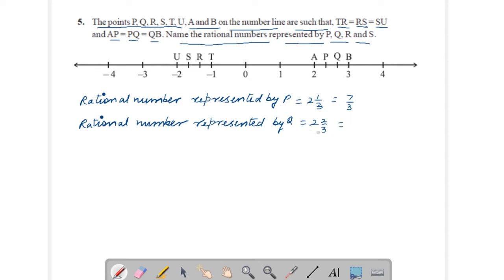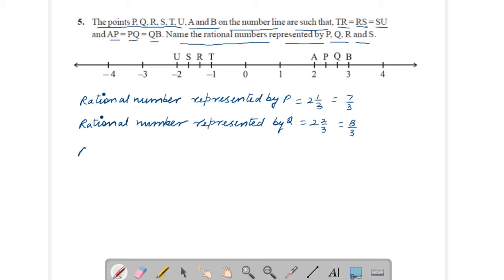That is converted into an improper fraction, 2 times 3 is 6, plus 2, 8 upon 3. Therefore, the rational number represented by Q is 8 upon 3.